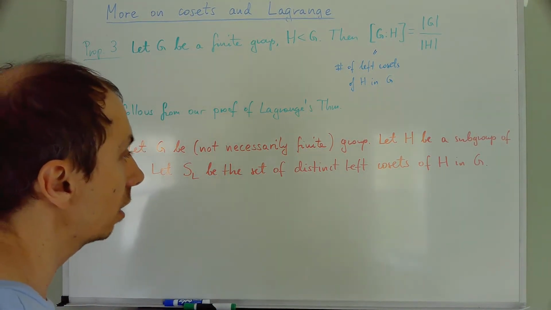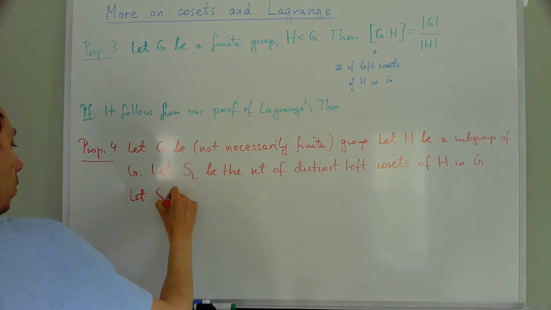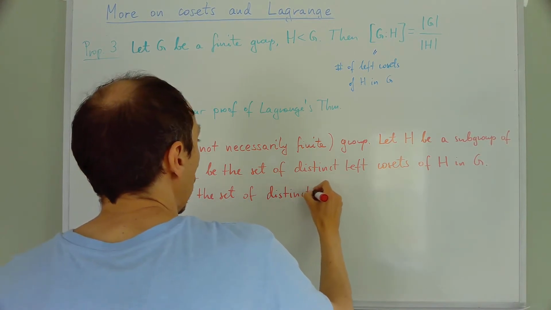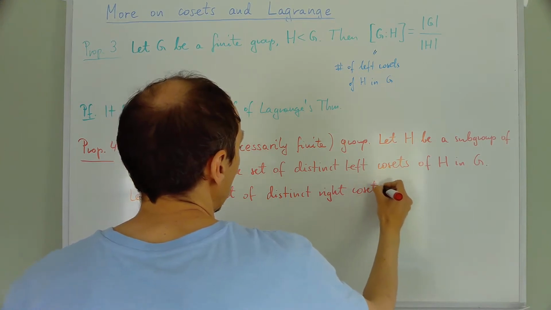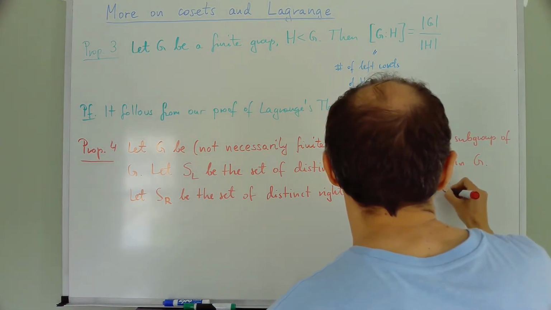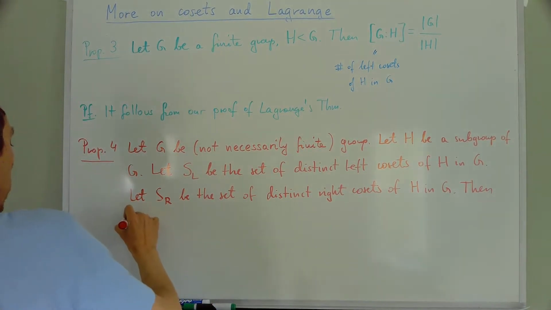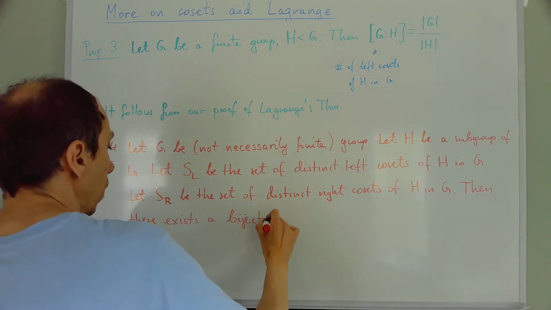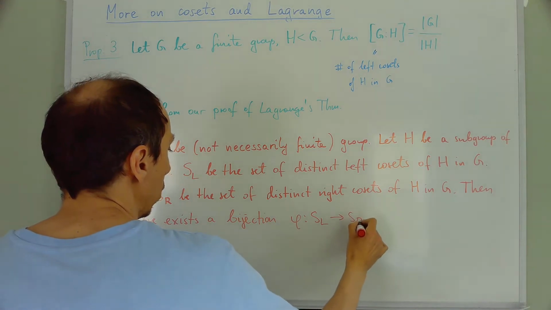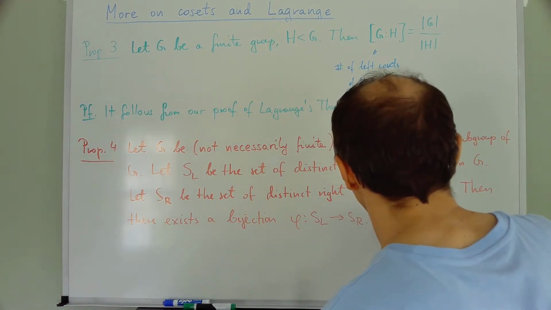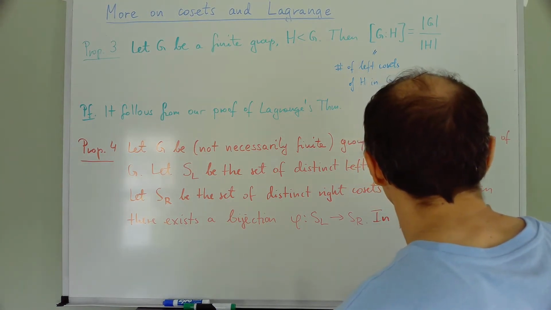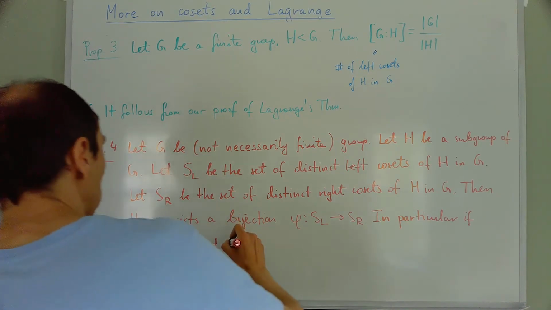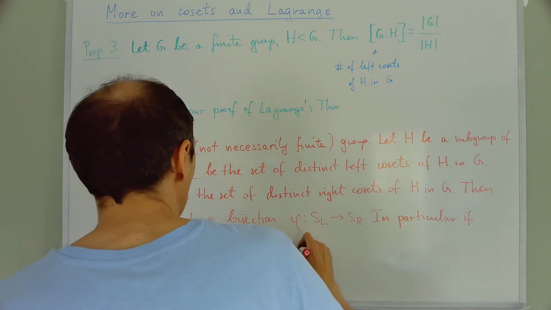So in other words, these are distinct left cosets of H in G, and let SR be the set of distinct right cosets of H in G. Then there exists a bijection from SL to SR. In particular, if SL is a finite set, then so is SR, and they have the same number of elements.